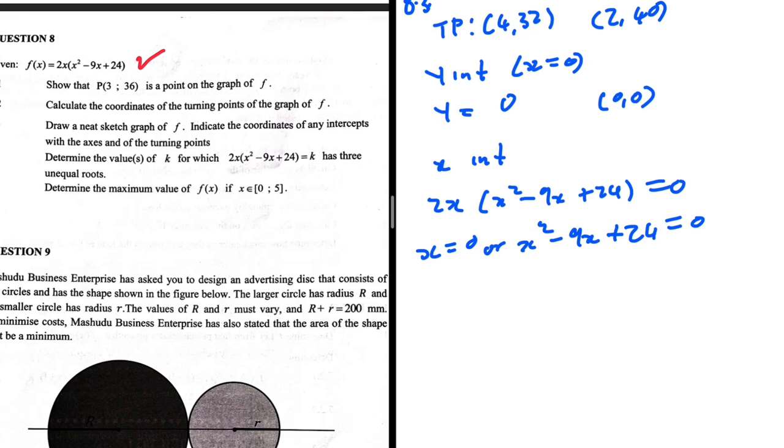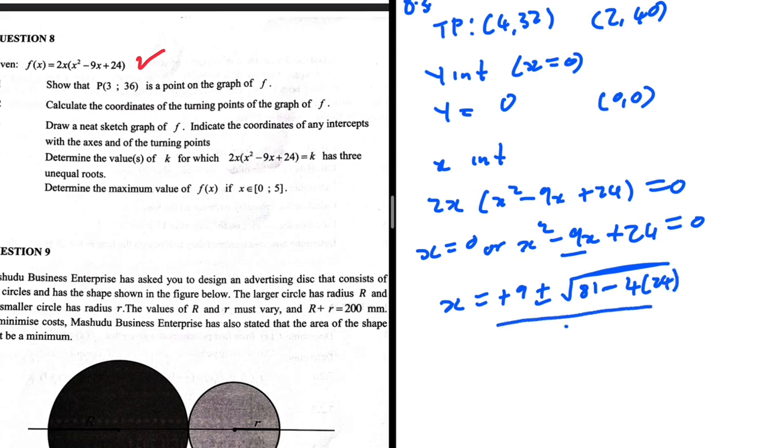Let me just use the quadratic formula. x equals 9, because we have minus 9 there, plus or minus the square root of 9 squared, that is 81, minus 4AC, where A is 1 and C is 24, everything divided by 2A.